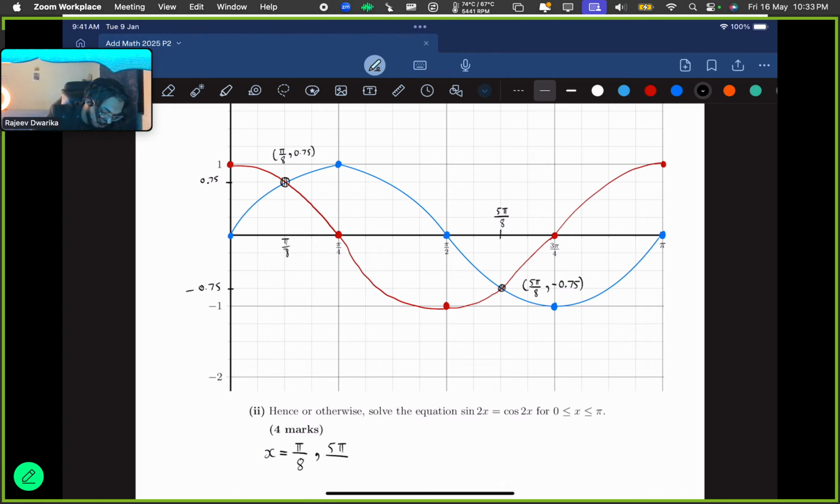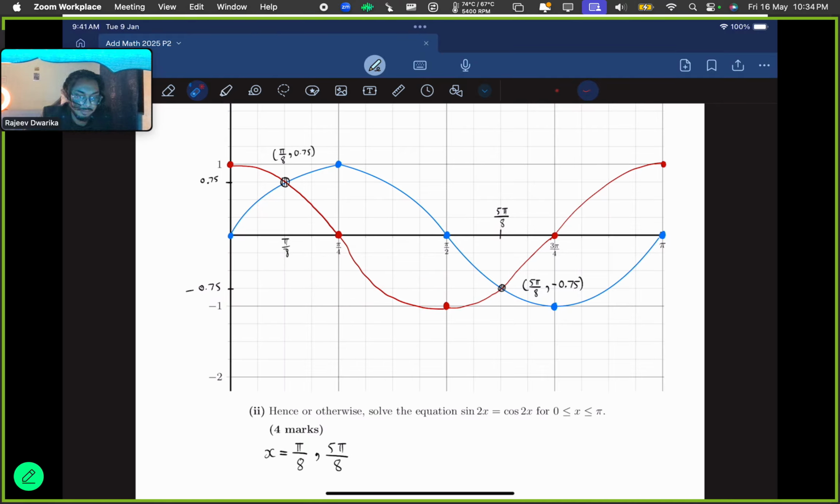If you're feeling unsure, you can plug your answers into the function and verify that the left hand side is equal to the right hand side. Again, make sure your calculator is in radians mode. Another thing, you can see it from the graph. This looks like 0.71 and this looks like minus 0.71, which is what you would get when you plug it into the calculator.